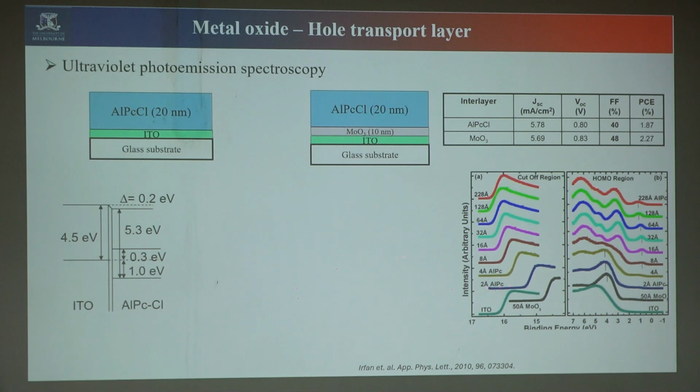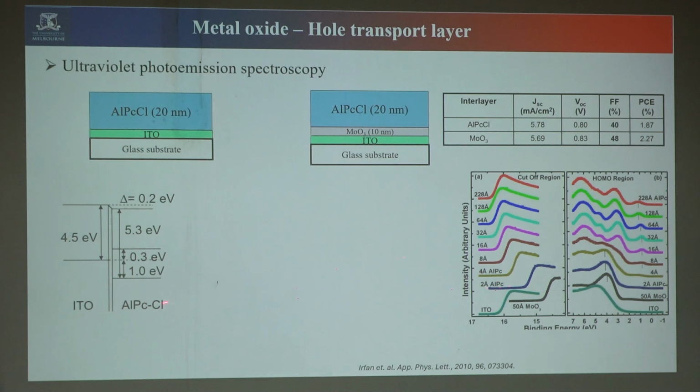You don't need any effort; it will automatically flow. But to move it from bottom to top, we have to apply an external force. Like this, we make an energy level arrangement from high to low so that the holes can easily be extracted.